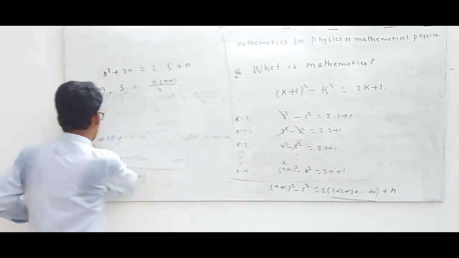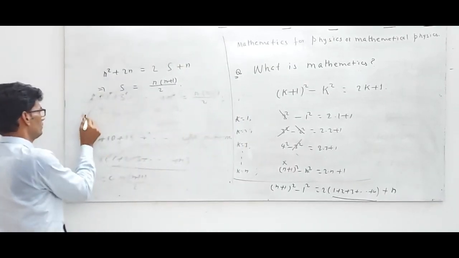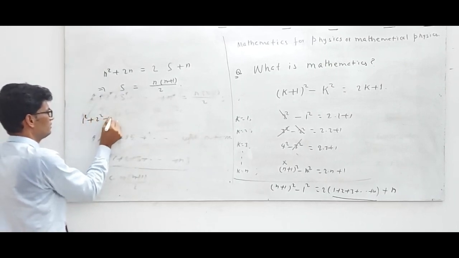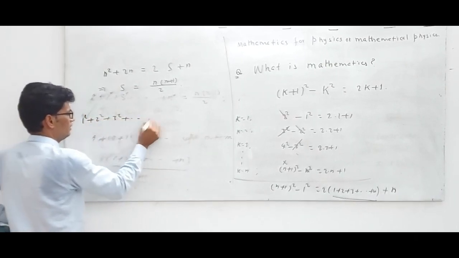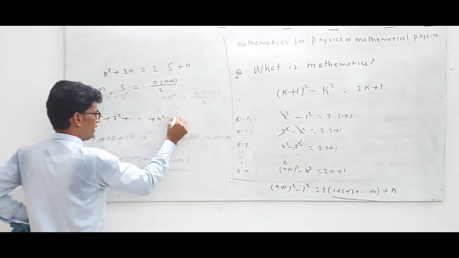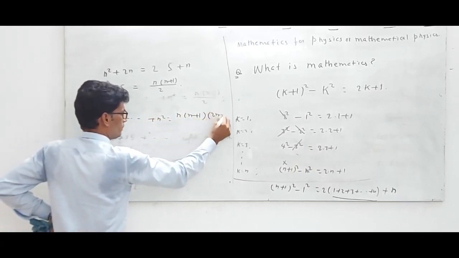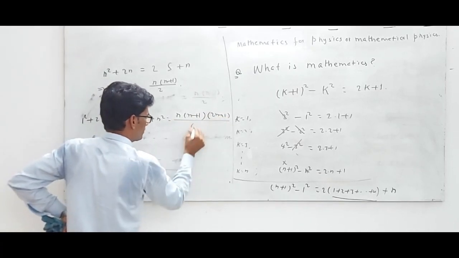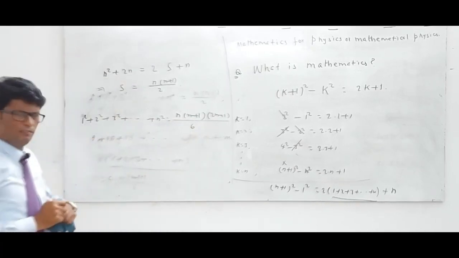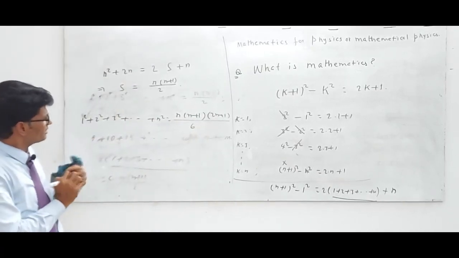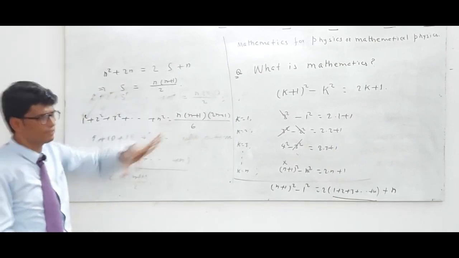Now next is that 1 square plus 2 square plus 3 square up to n square is equal to n into n plus 1 into 2n plus 1 over 6. Why are we showing these results in the course of physics?